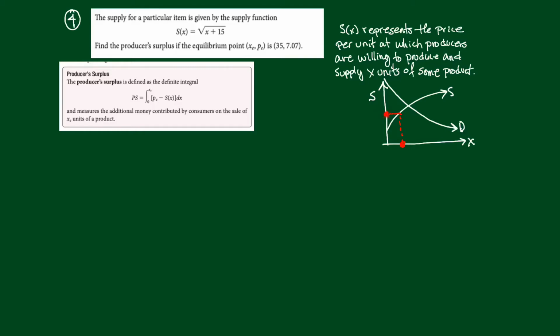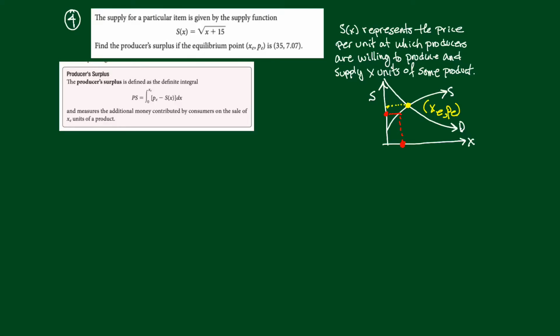But at this price, kind of a low price maybe, consumers would like this many units, right? A lower price, they want more units. So a point at which everyone is happy is this equilibrium point here, right? That's the equilibrium point, and that's the point x sub E, E for equilibrium, and p sub E.